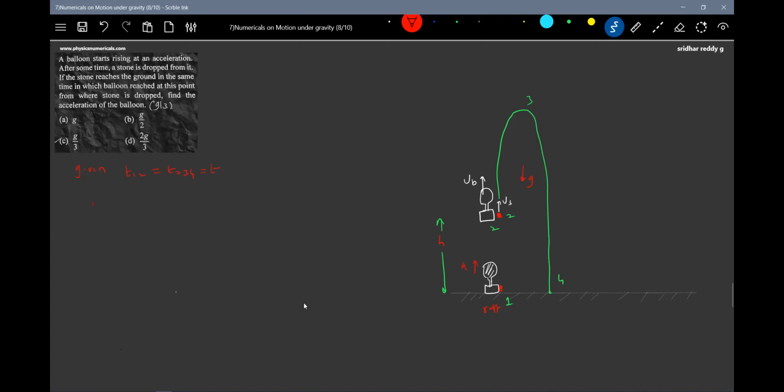So here you bring all the things. First we'll calculate the UB. UB should be equal to AT. Acceleration of the balloon is A. Then H equals AT square by 2. Then minus H equals US T minus GT square by 2. Now look, UB should be equal to US. Any reason?